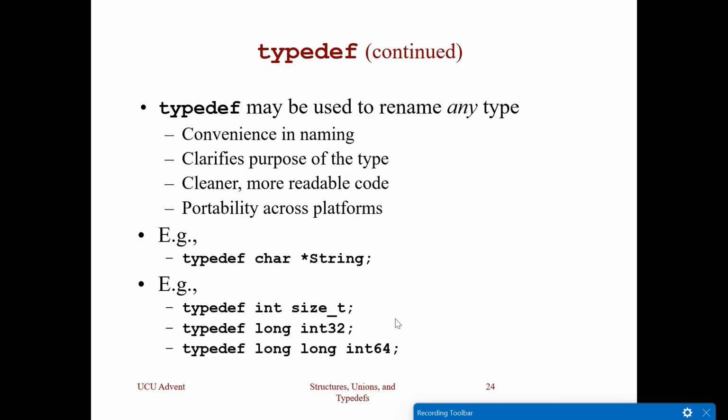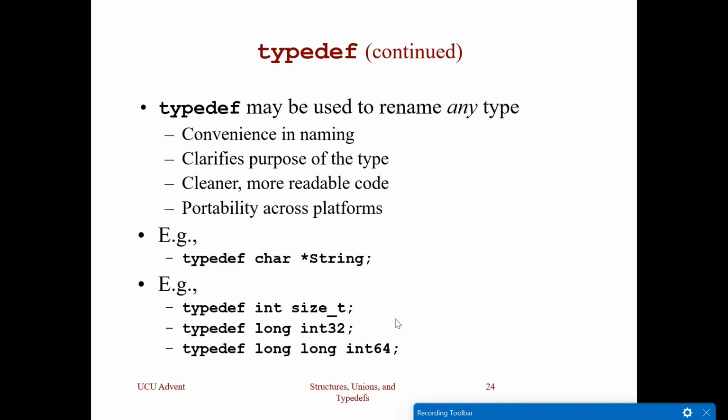Then you can also rename any type, which provides convenience in naming, but also clarifies the purpose of the type. It also makes your code cleaner, and your code becomes more readable.